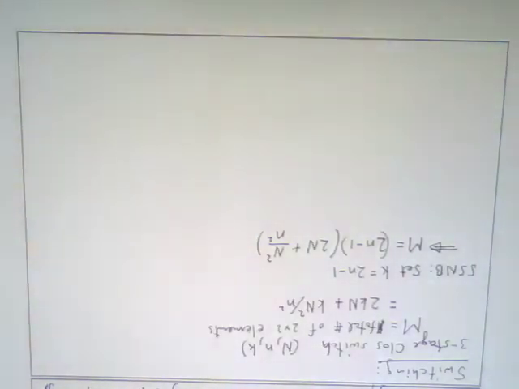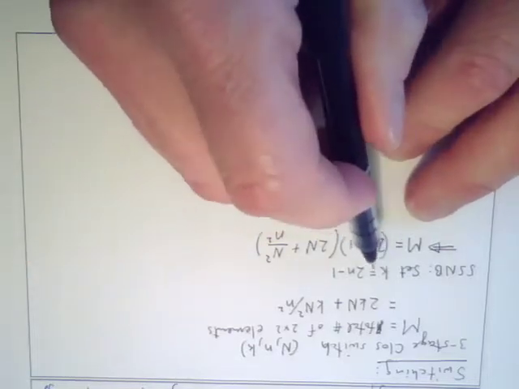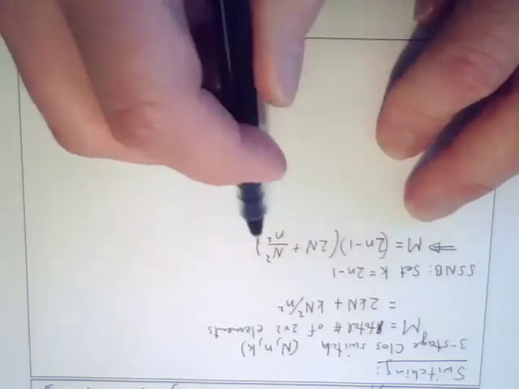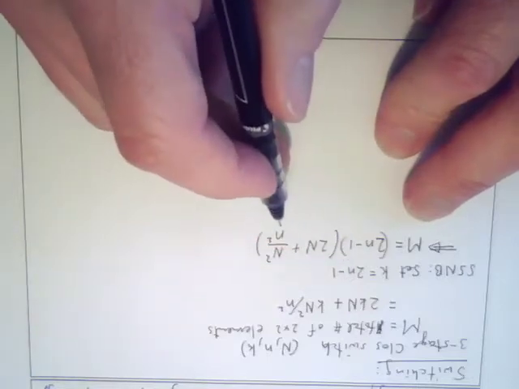Now it turns out that even if we choose k to be 2n minus 1, we still have little n as a parameter we can choose.